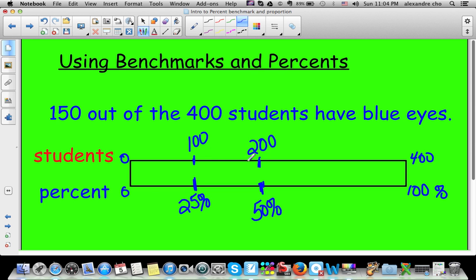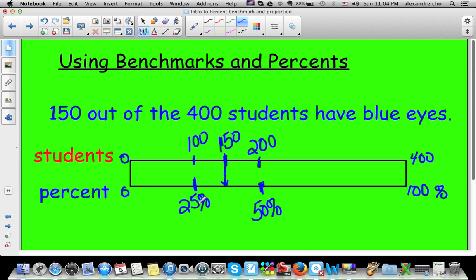Now 150, hopefully you can recognize that 150 is located where? It's the halfway between 100 and 200. That's where 150 kids will be located. So if I drop that and extend it to the percent line, where would it drop? Well, it's the halfway mark between 100 and 200, which means it's the halfway mark between 25 and 50.